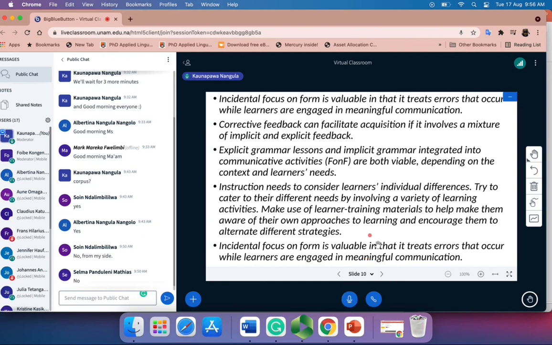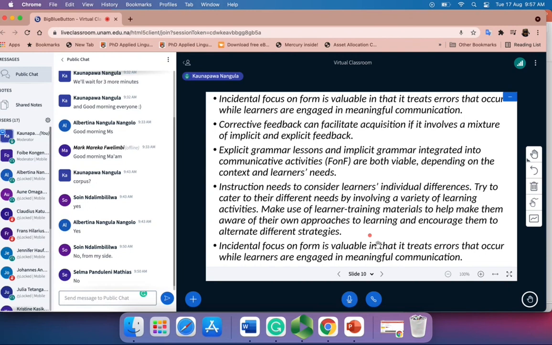And then instruction needs to consider learners' individual differences, try to cater to their needs by involving a variety of learning activities, make use of learner training materials to help them be aware of their own approaches to learning, and encourage them to alternate different strategies. So again, we have spoken about variety.